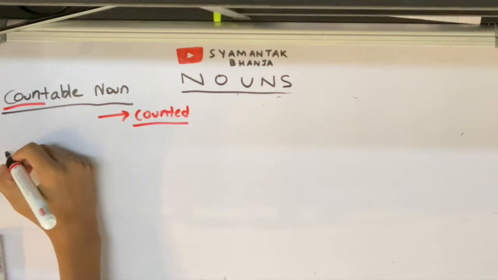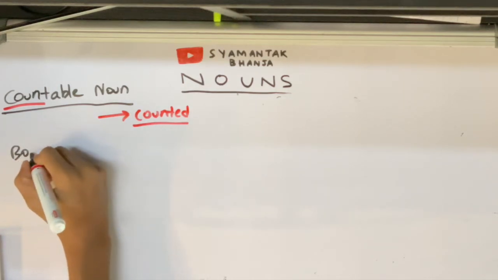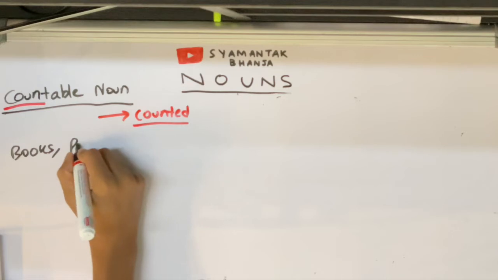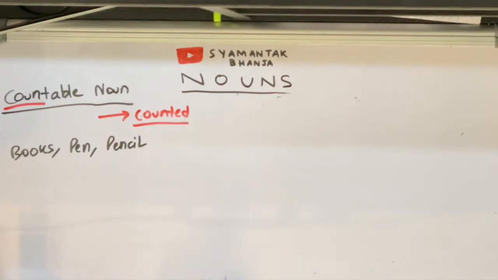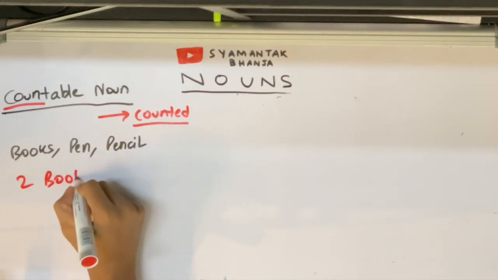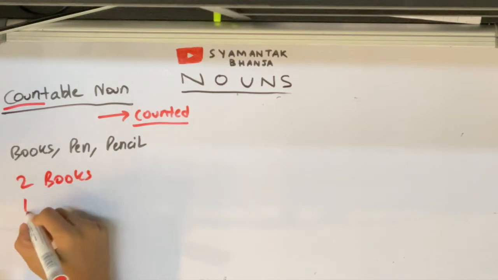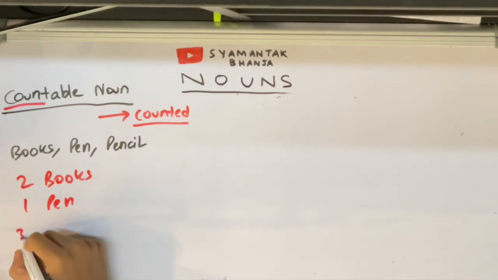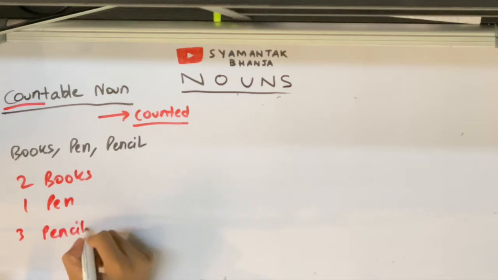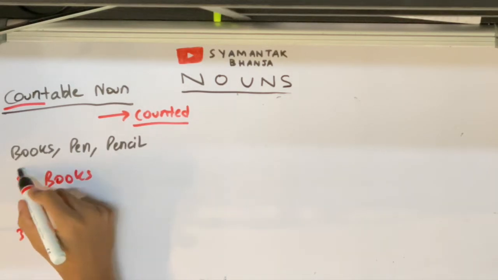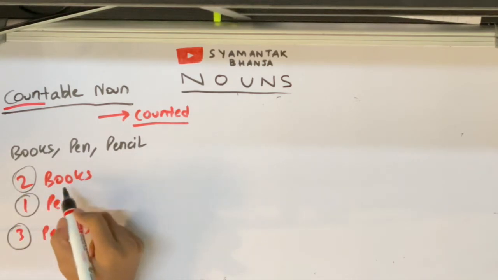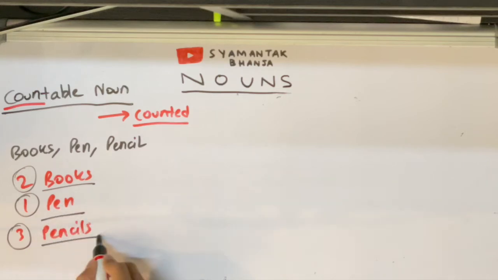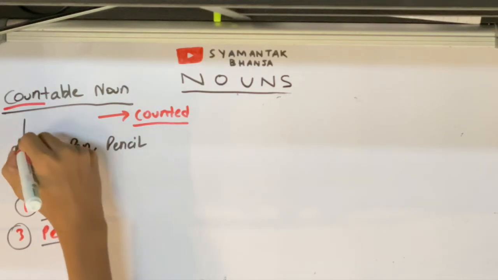So for example, books, pen, pencil, all of these can be counted. For example, you have 2 books, 1 pen, 3 pencils. Here you see we are using numbers 2, 1, 3. These are numbers for the quantities of these. So therefore you get countable.